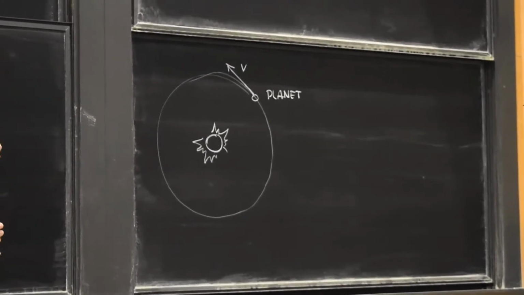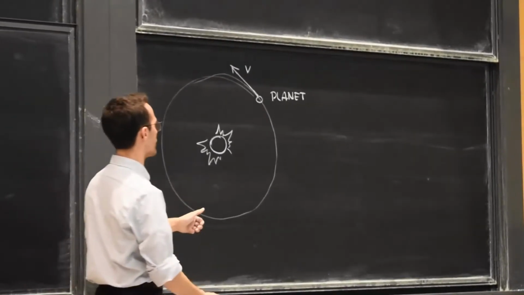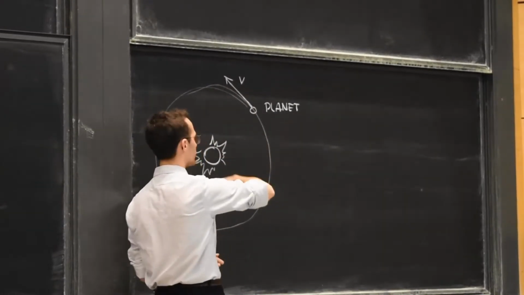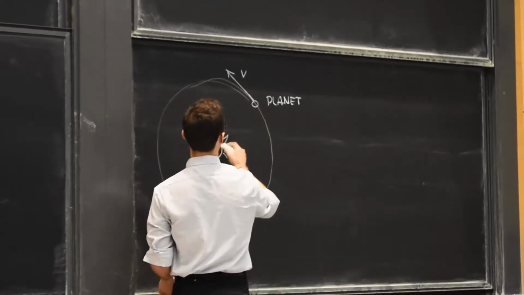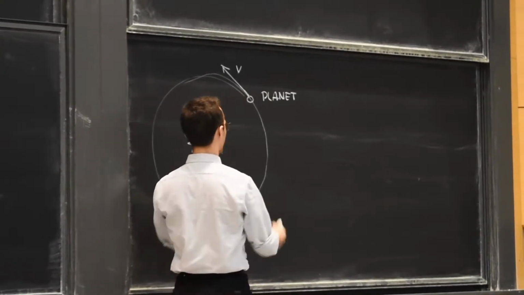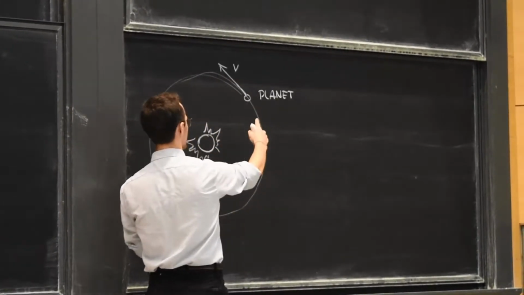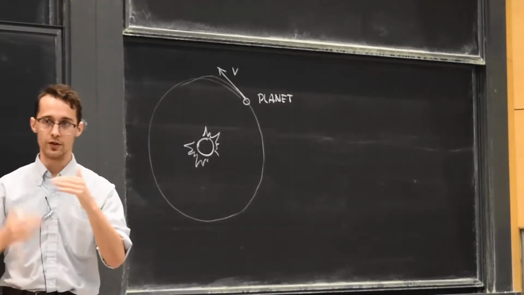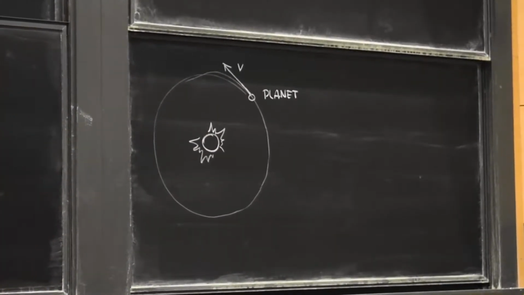And we know how to calculate this speed v. All we need to know is how long it takes to go around the sun, i.e. a year for the Earth, and we need to know the distance between them. Then we can calculate the distance with the circumference, and the period will be how long it takes to make that distance. So distance over time gives us that speed.